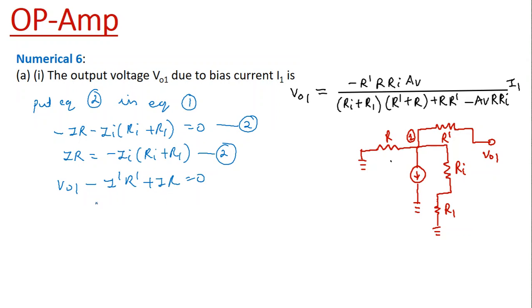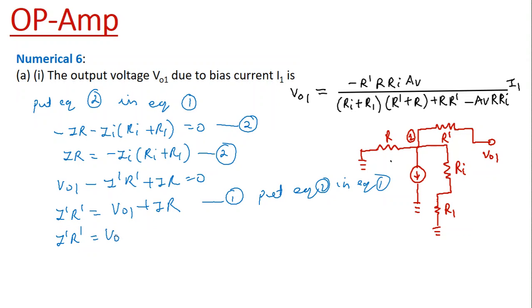From this equation I dash R dash will be equal to VO1 plus IR. Putting equation number 2 in equation number 1, we get I dash R dash is equal to VO1 minus II into (Ri plus R1). This is the equation we are getting now.